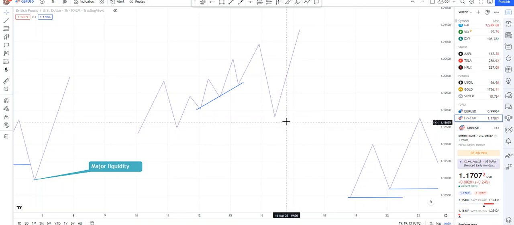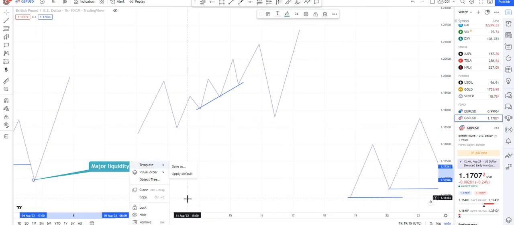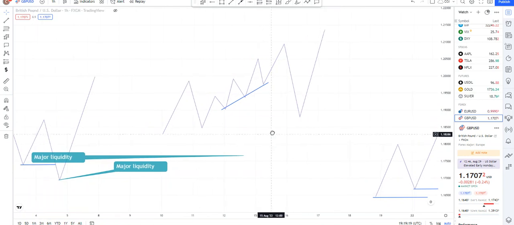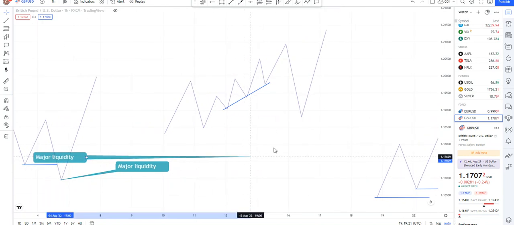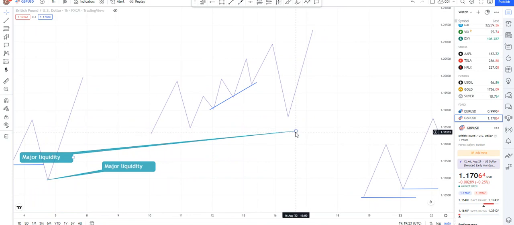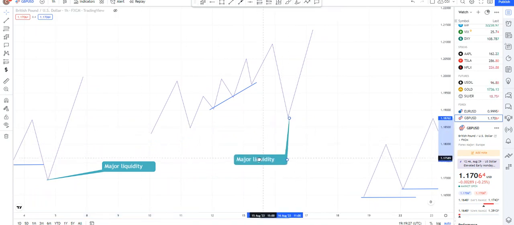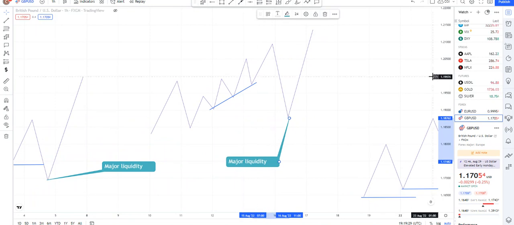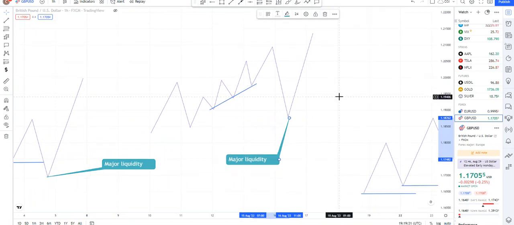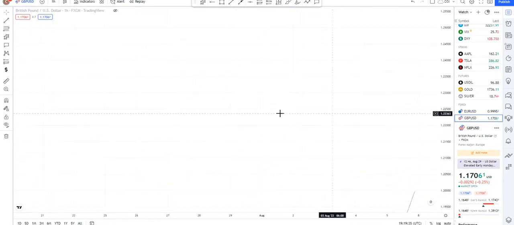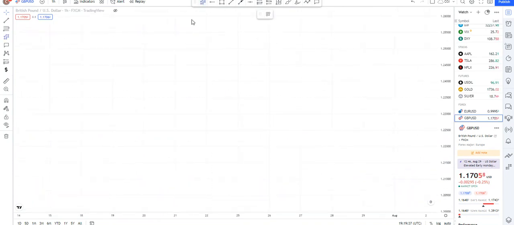All right, so this guy right here will also be a major liquidity. This guy also be regarded as major liquidity. All right, major liquidity down there as well. Okay, so it can also form like this.